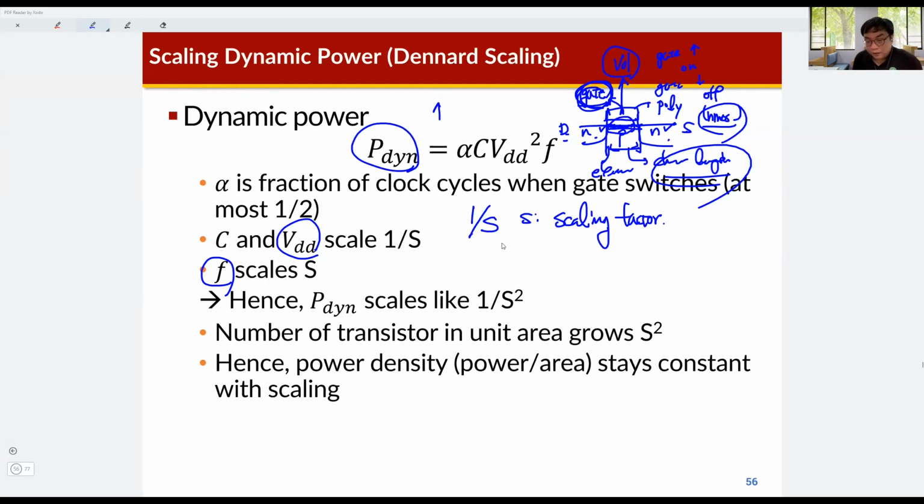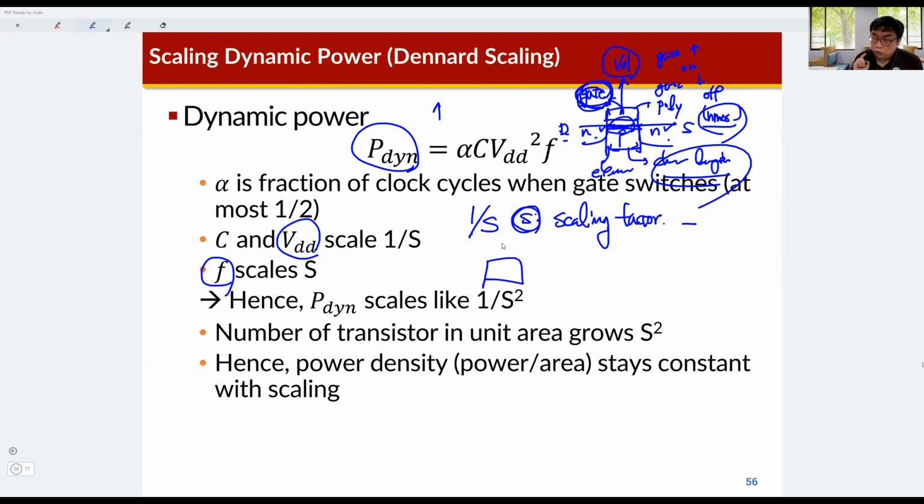So let us assume that we can reduce this channel length of the CMOS transistor as 1 over S. In this case, we call S the scaling factor. So that means that we can scale down, that means that we reduce the size of a transistor by S. Okay. So if we reduce this channel length by 1 over S, how about the area of one transistor?